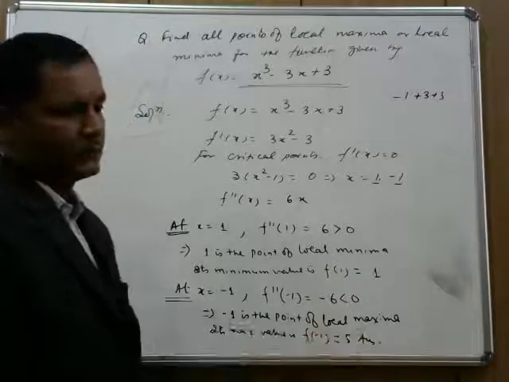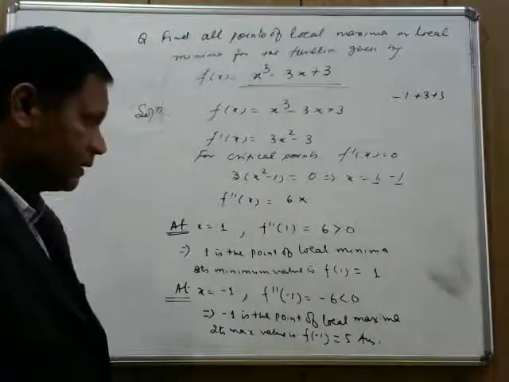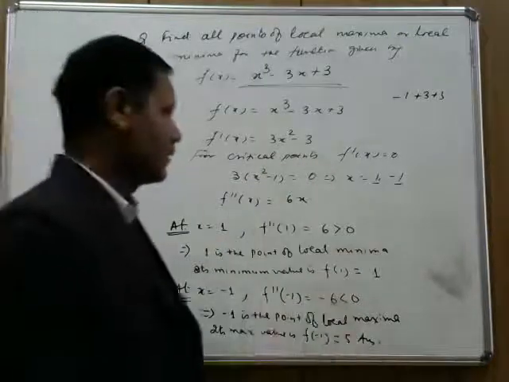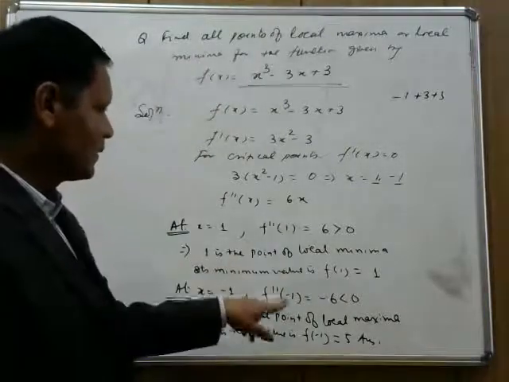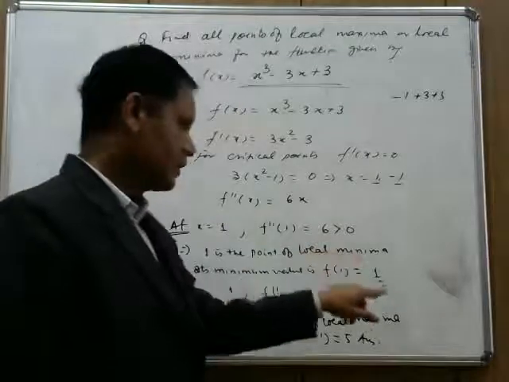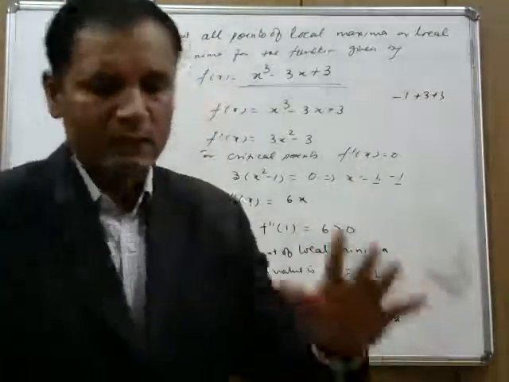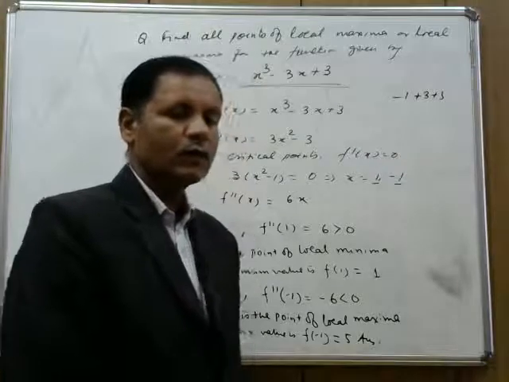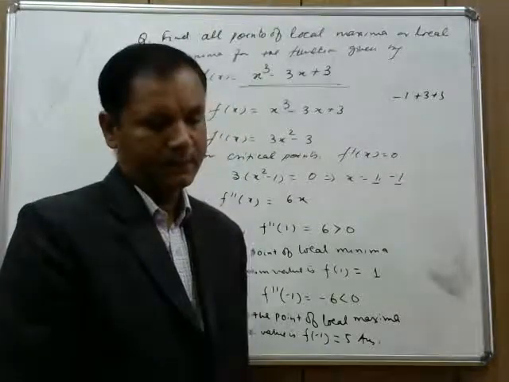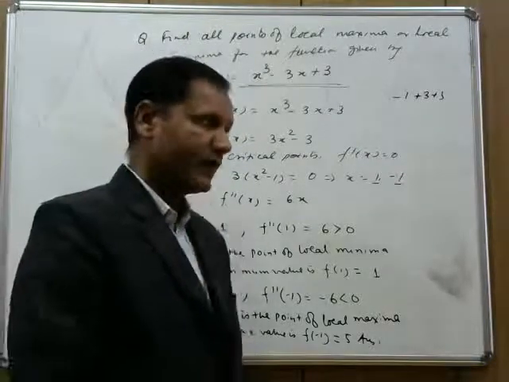Suppose I got the point C3, and at this point C3, if f dash of C is 0 and f double dash of C also becomes 0, then C3 is the point of inflection.